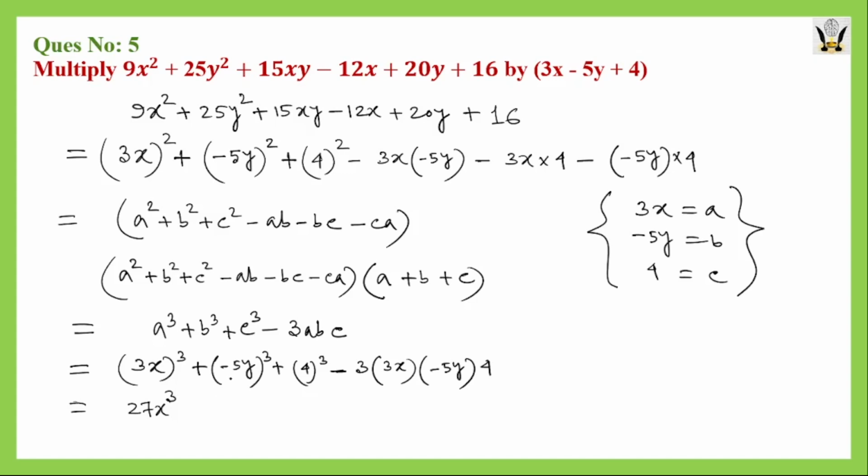Here minus 5 cube means 125, and since here we have minus, finally it will be minus 125y cube. Then 4 cube means 16 multiplied by 4, so that will be 64, and from here it will be minus minus plus. Here 4 multiplied by 5 is 20, and 3 multiplied by 3 is 9. 20 multiplied by 9 is 180, and then it will be xy. So this is our simplified answer.